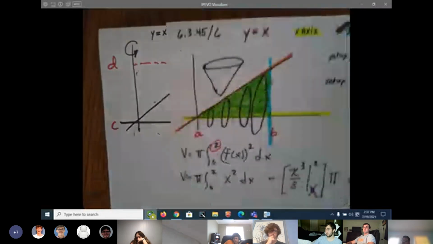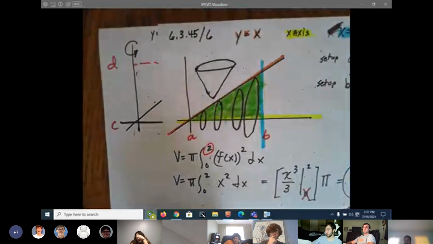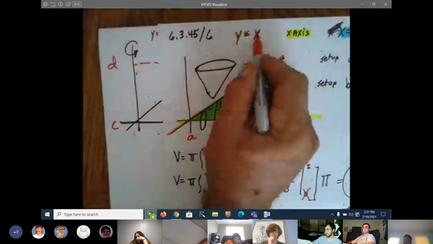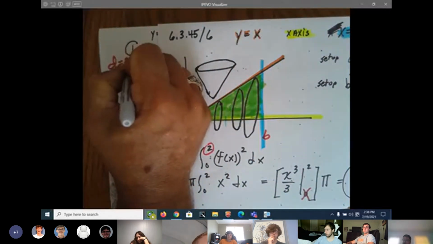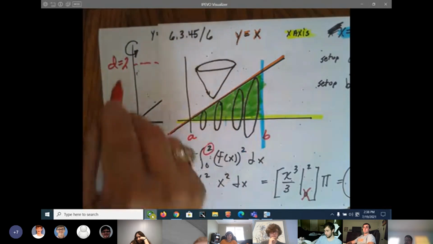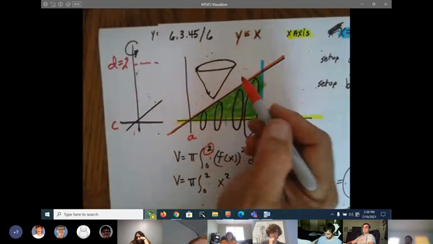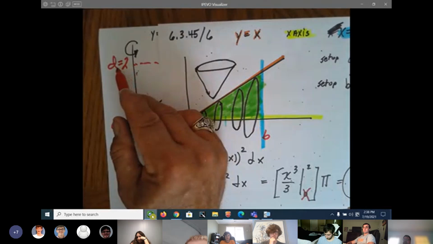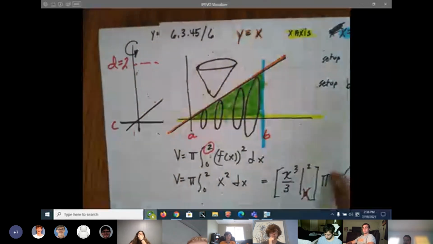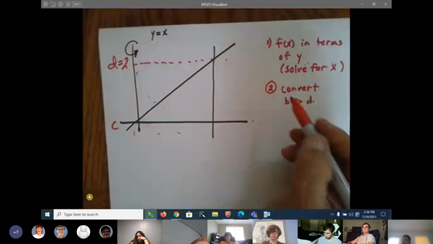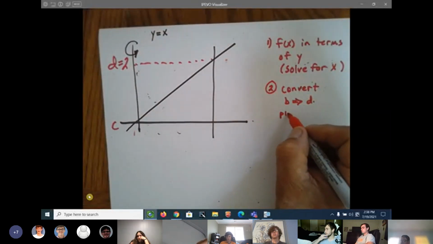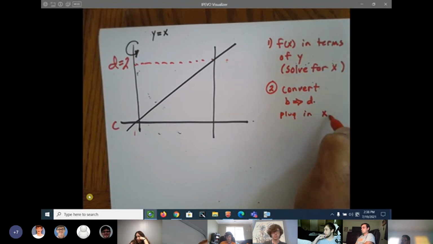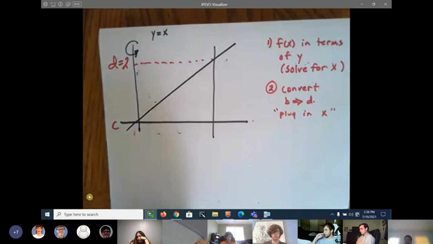Somebody tell me what d is. Would it be 2 as well? Yeah, it would be 2 because y is equal to x. What if it was 2x plus 4? Well, you'd have to plug that 2 into 2x plus 4 to get that d right there. And all of you need to write that down. You have to convert your b into d by plugging x into your original function.